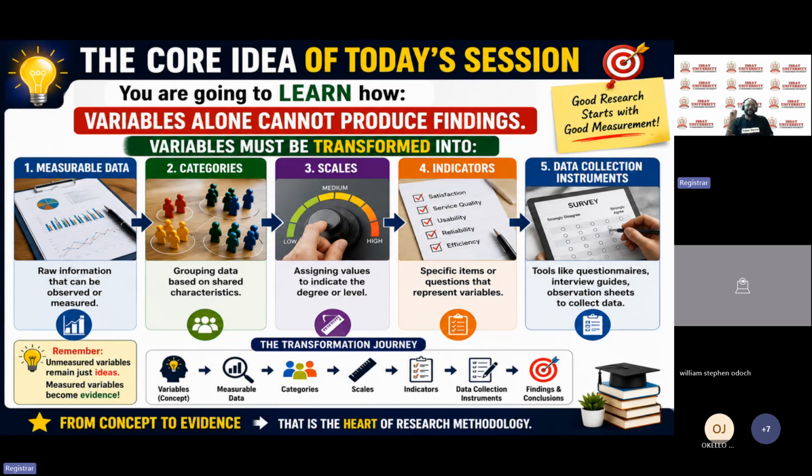This is the transformation journey, what I've already told in my previous board. Variables to data, categories, set scales, collected with instruments, and it gives us the real data. So members, this is what we are going to study today.